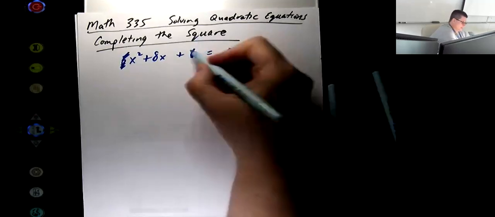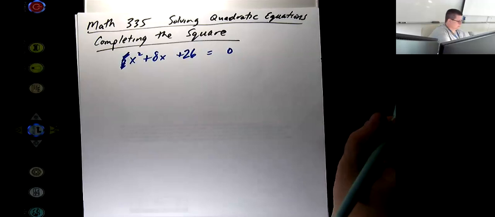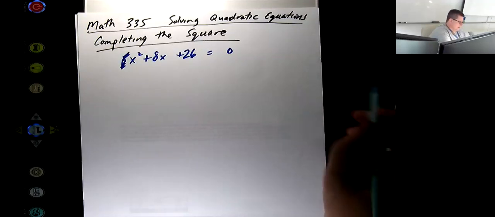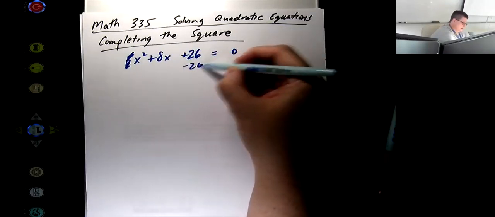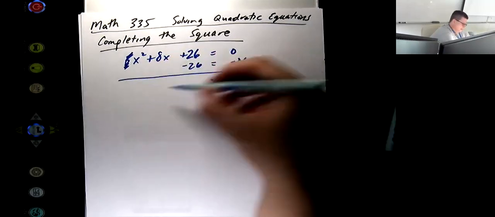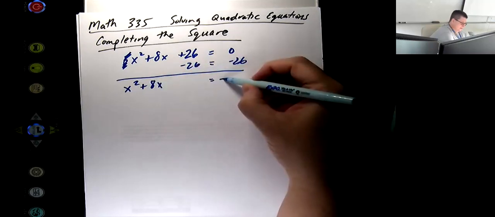So the idea here was we could move the 26 to the other side. And I'm going to leave some space there to add something on that side.